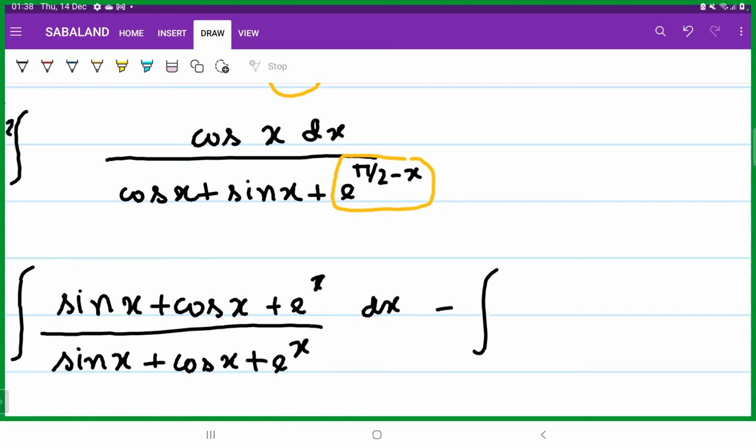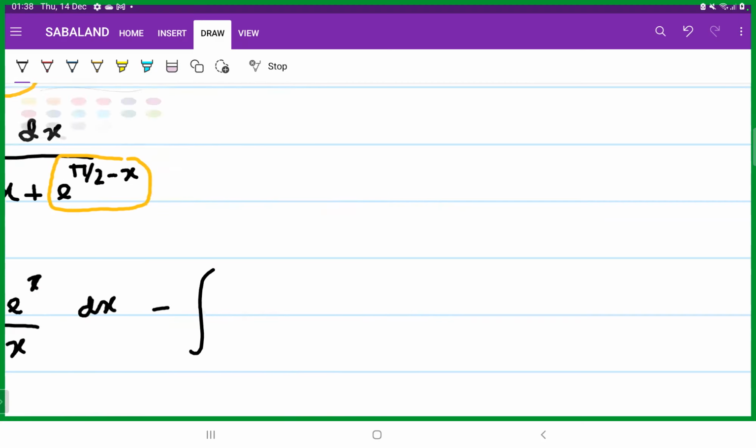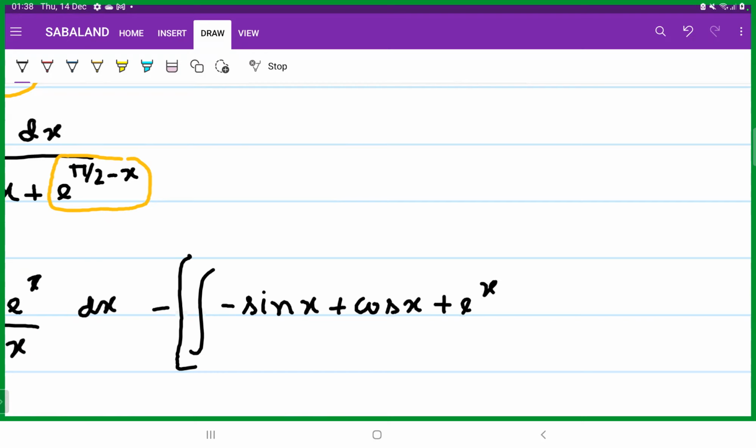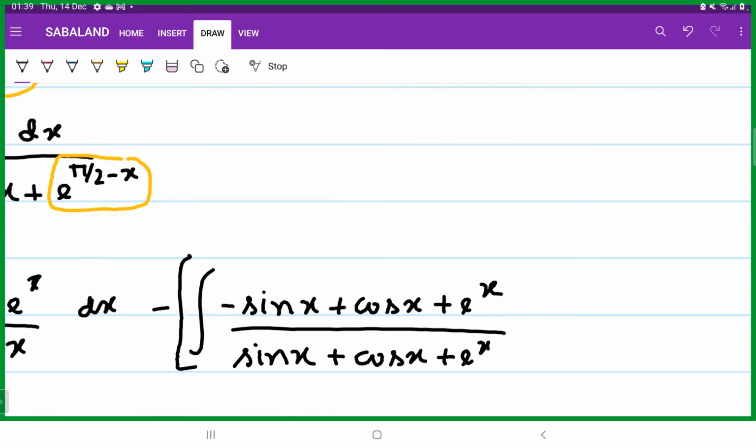So what we do is sin x plus cos x plus e to the power x, minus sin x minus cos x minus e to the power x, divided by sin x plus cos x plus e to the power x, dx.